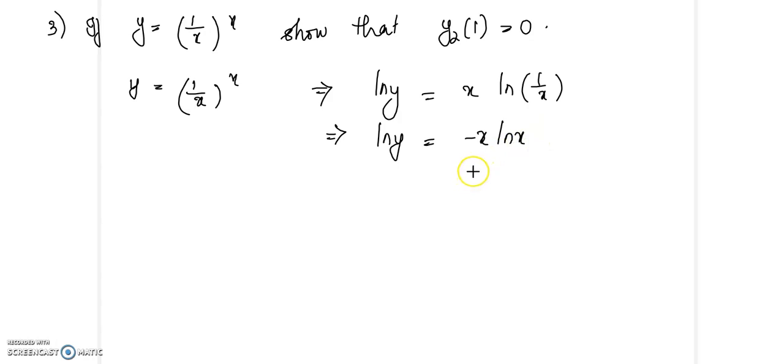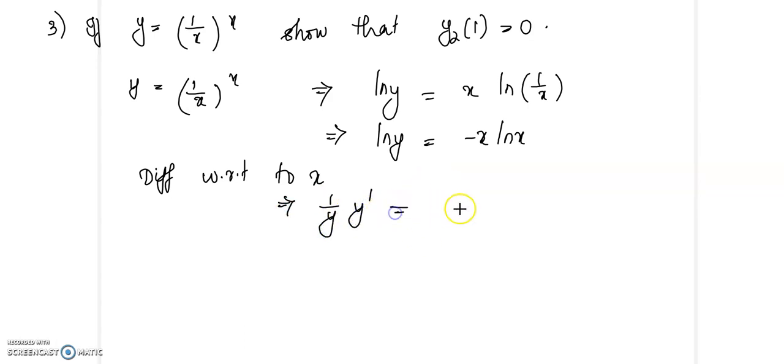Now differentiate with respect to x on both sides. So that gives 1 by y into y dash equal to minus x into 1 by x minus log x.